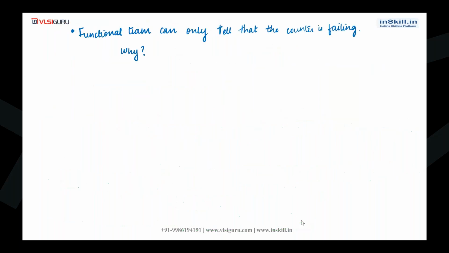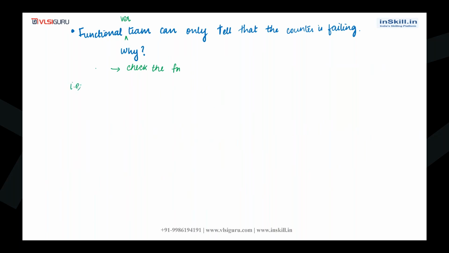And then the functional verification team can only tell that the counter is failing. The reason is they will be checking the functionality. That is, they check if the counter counts from 0 to 1023 properly or not.